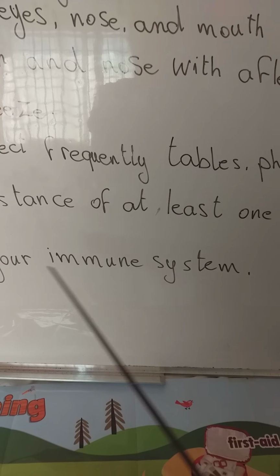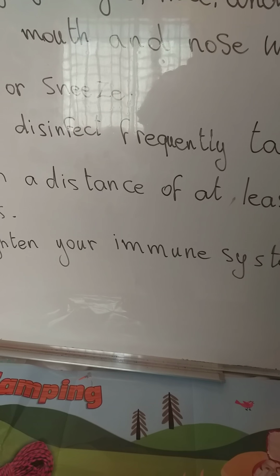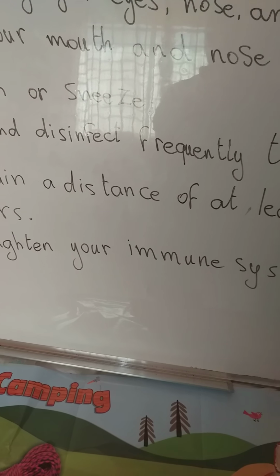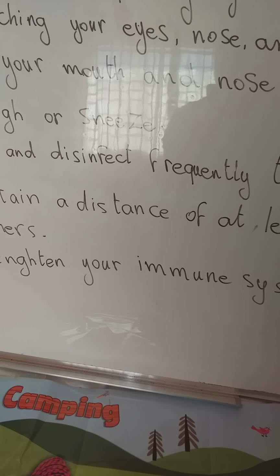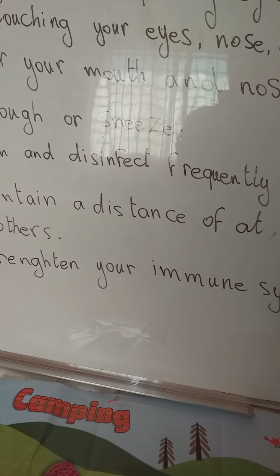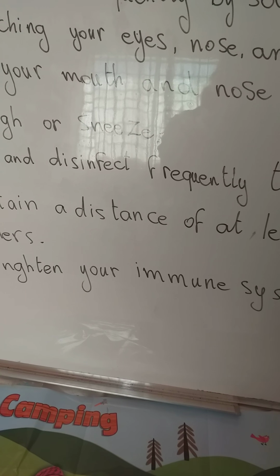And of course, there are others who have a strong immune system. How can we strengthen our immune system? Of course, by eating healthy food, practicing sports, sleeping well, okay? And of course, we have to overcome stress. Okay, is it clear?